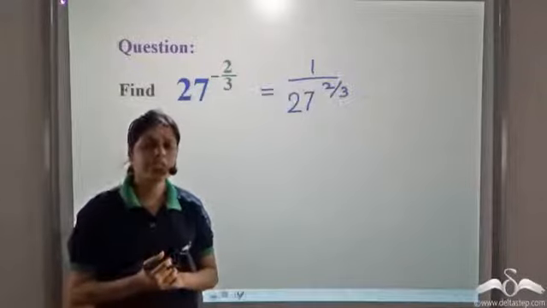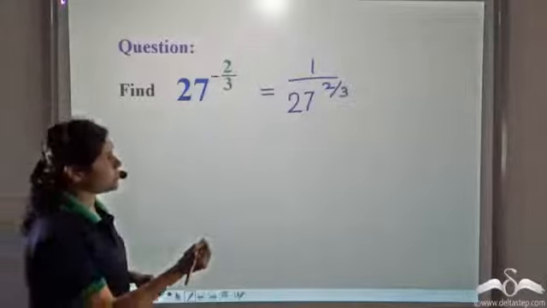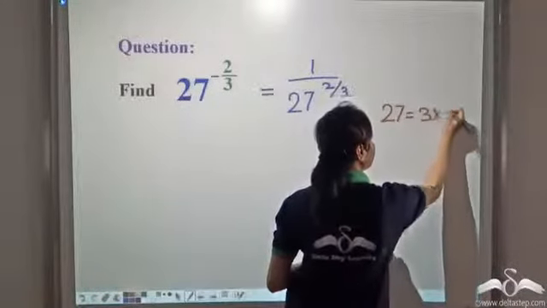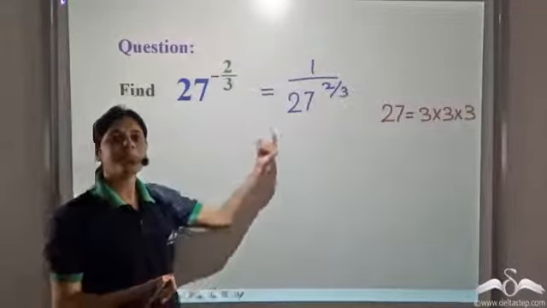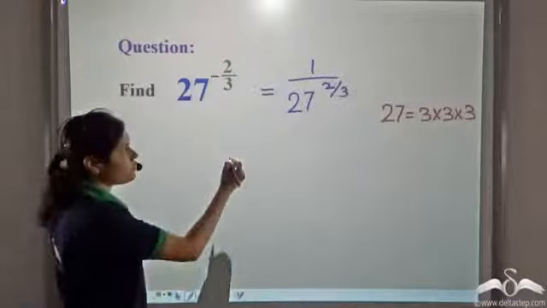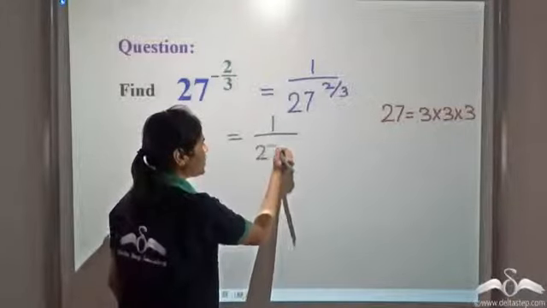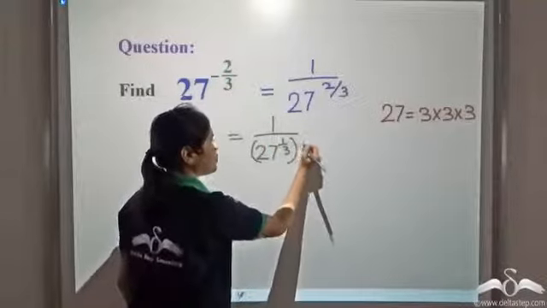Because we know that 27 is 3 into 3 into 3. So it will be convenient to take the cube root first. So we write this as 1 divided by 27 to the power 1 by 3 square.